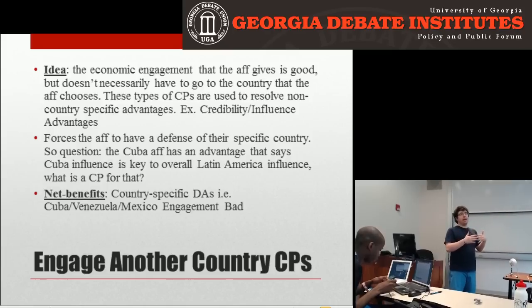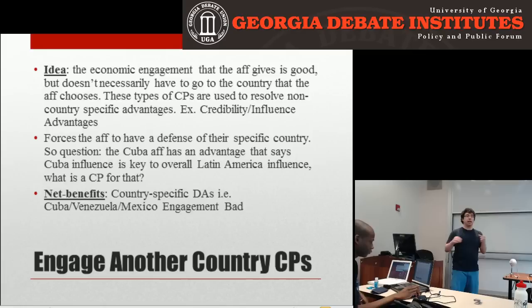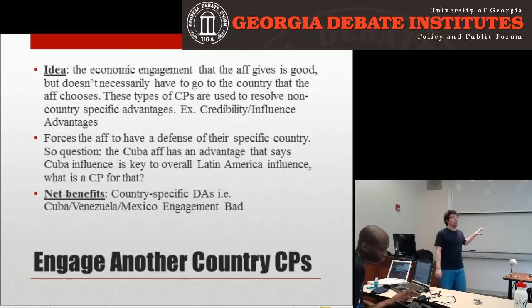There are a ton of advantages to engaging Cuba. There are a ton of advantages to doing oil drilling in Cuba. There are a ton of advantages to engaging Latin America generally. There are a ton of advantages to different parts of the engagement aspect, but it would be impossible to be negative if you had to be prepared to answer every single advantage about why economic engagement is a good idea, right?